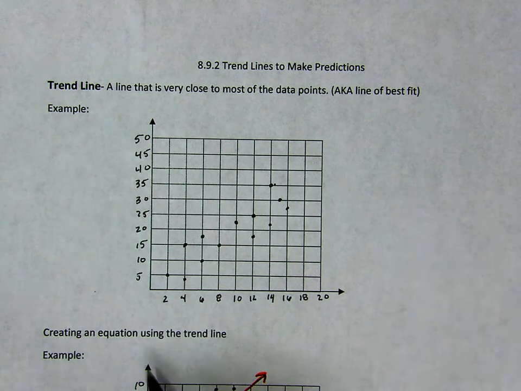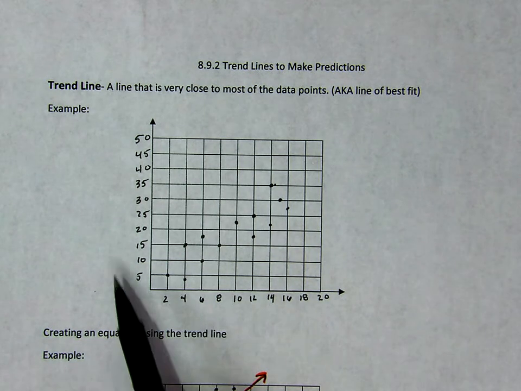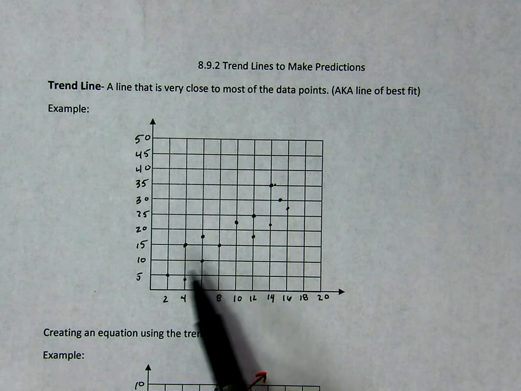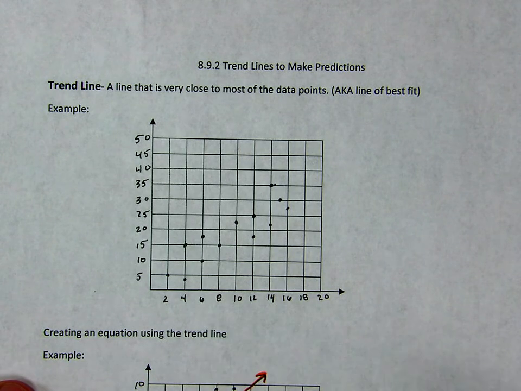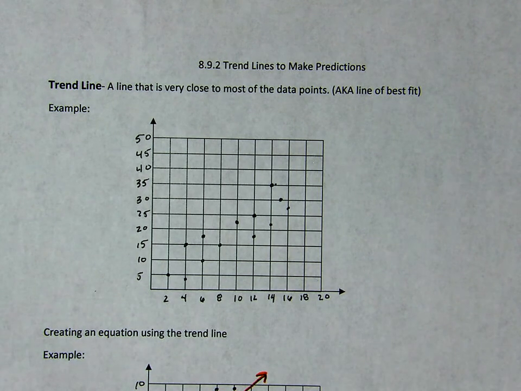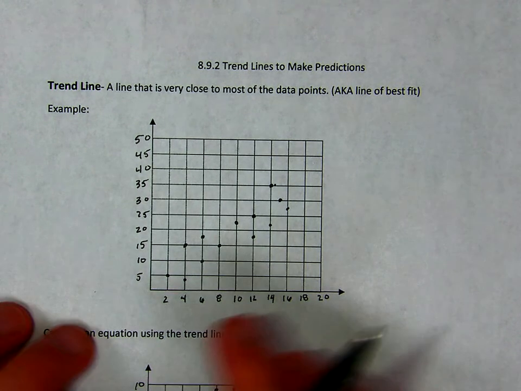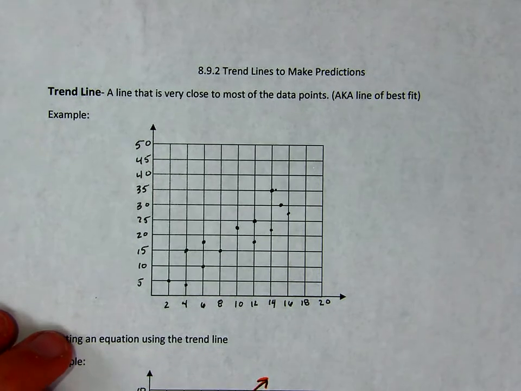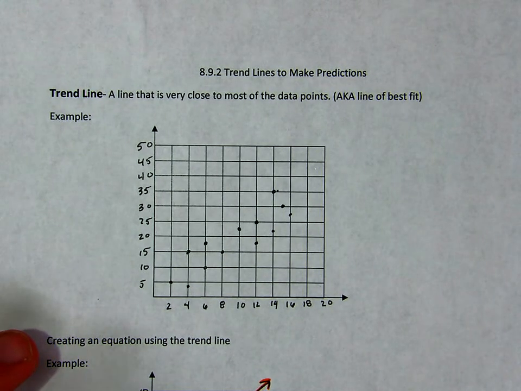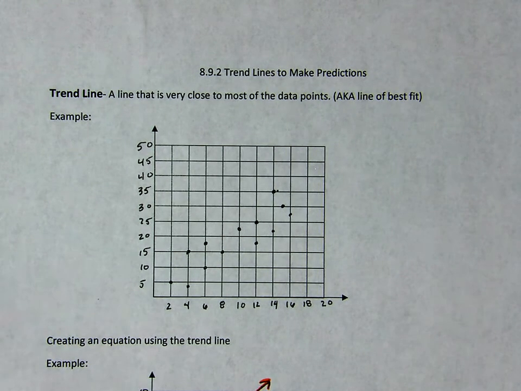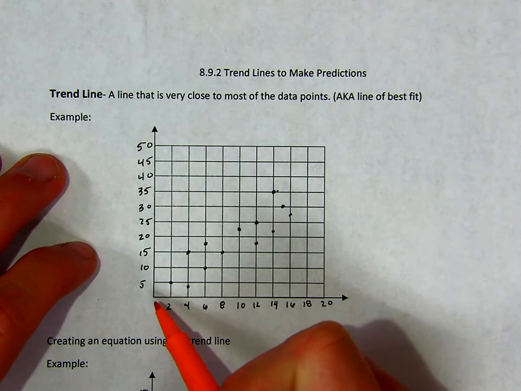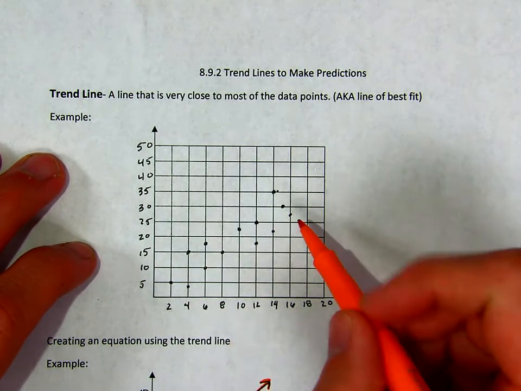All right, so the first one, I've plotted these coordinates for you. I just want to show you the trend line, how we would draw that. So we've got the scatter plot positioned. All we need to do now is make a trend line. It doesn't have to be perfect, so roughly we're going to get a straight line that goes in between all of these dots.